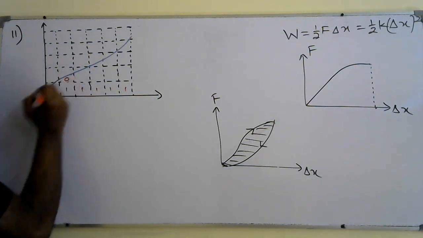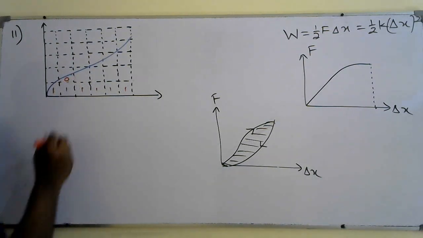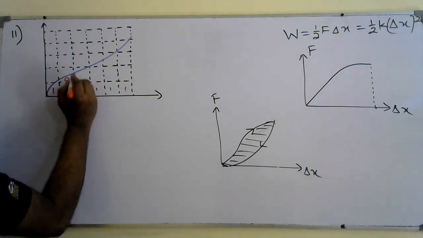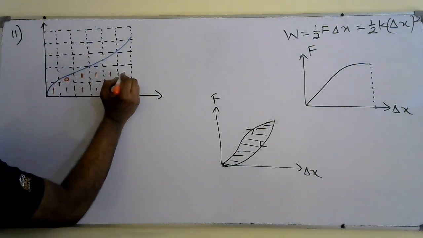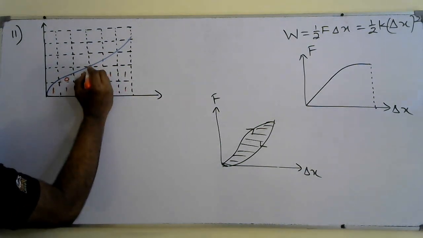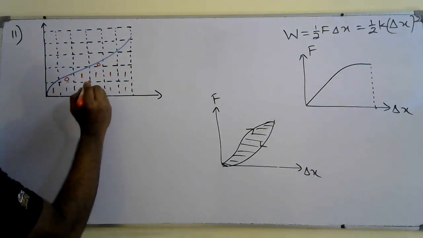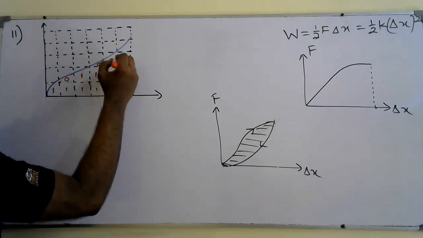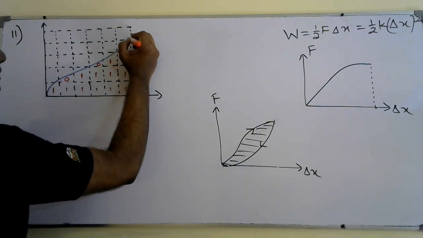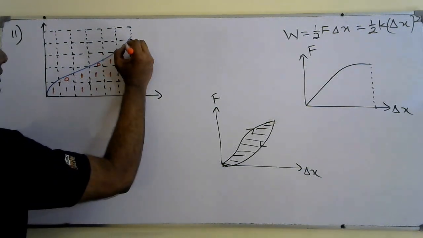No area is taken. But when you consider this square, it's more than half, so we take it as 1, this also 1, 1. Again, this is 0 because less than half is covered. This is 1 because more than half is covered. This full square, so 1. This is more than half because it's entering from here, 1, right?